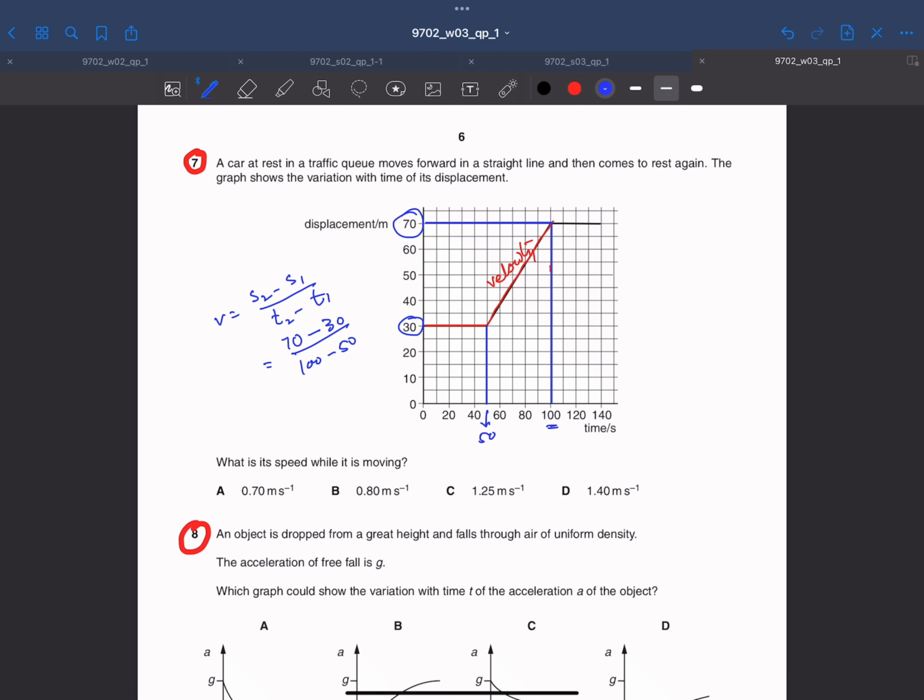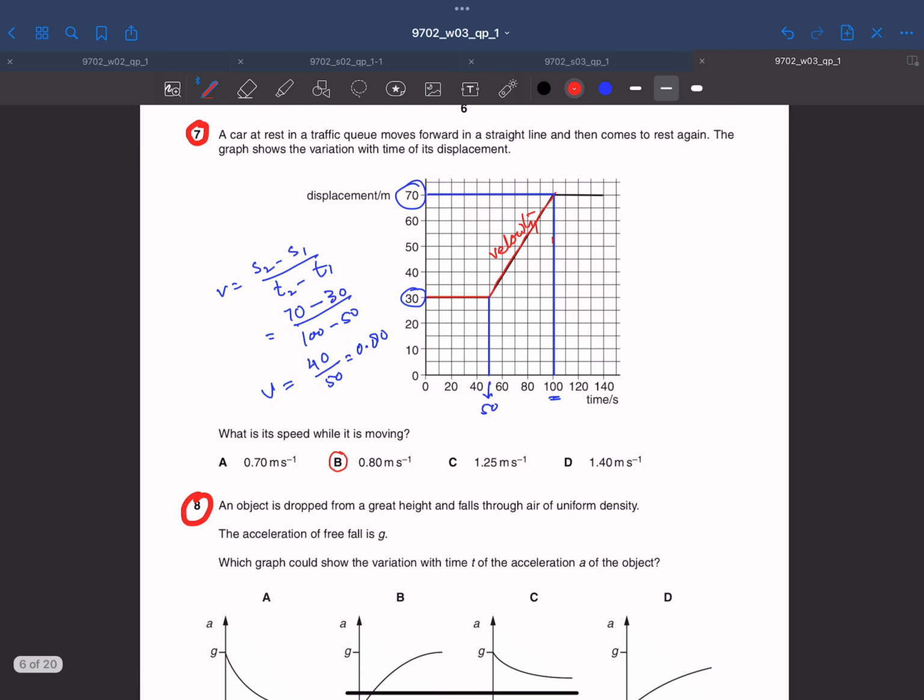So this is what you have here, 40 divided by 50, and when you calculate this, simply you get 0.80. It is very simple, but you have to recall the graph and how you will do the calculation. Basically, if you are perfect enough, then you need not calculate this here directly. By using your calculator you can get the answer.